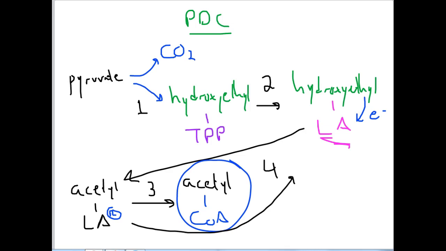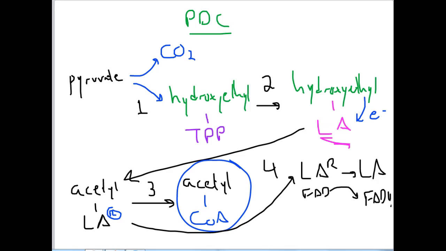Step 4 is that lipoic acid reduced goes back to being lipoic acid because FAD takes those protons and electrons, and FAD is reduced. So FAD becomes FADH2, so that reduced lipoic acid can go back to being oxidized lipoic acid. The only problem is this FAD is stuck to the enzyme, so even it can't get the electrons out of there.